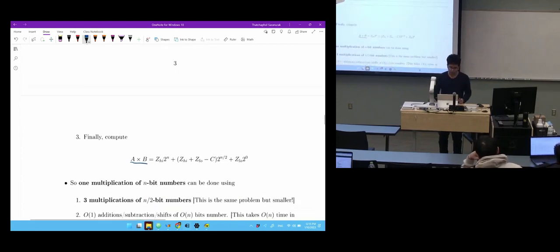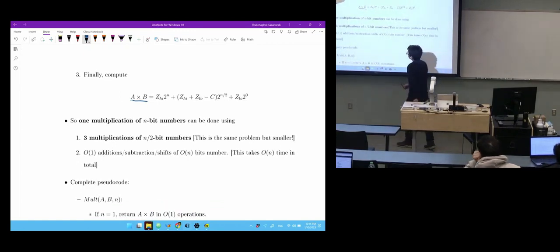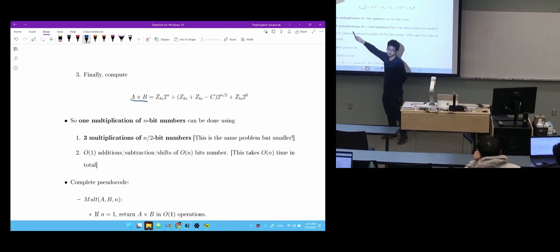But just from here, you see that from this equation, it means that now to compute one multiplication of long n-bit numbers, you just need to do 3 multiplications instead of 4 of short numbers, n/2-bit numbers.